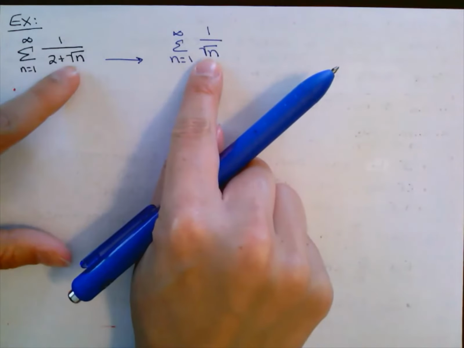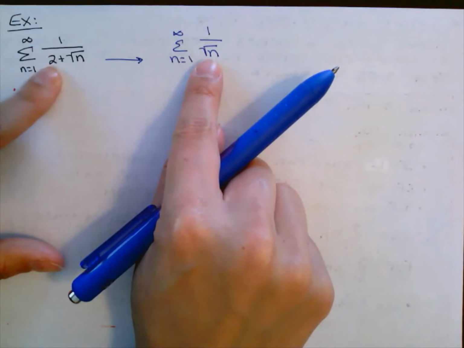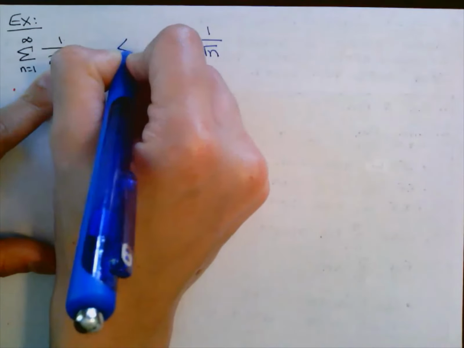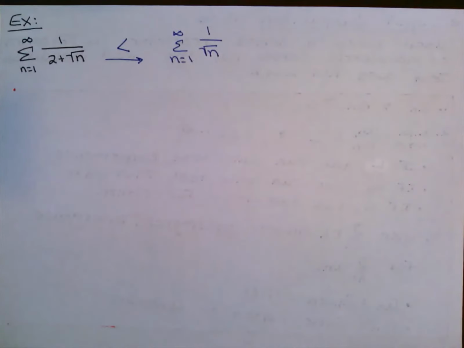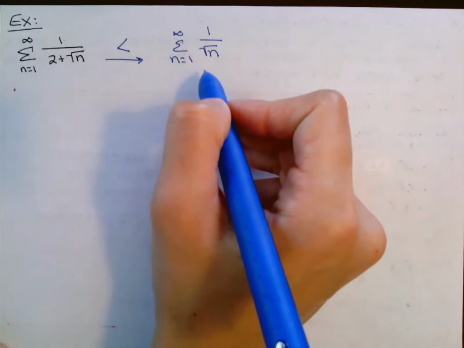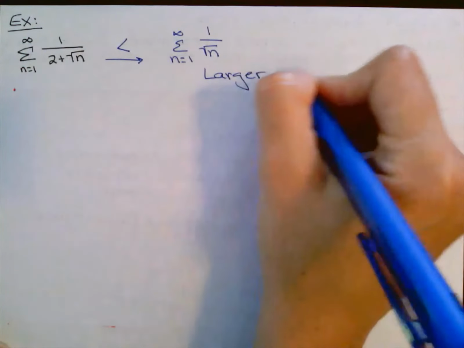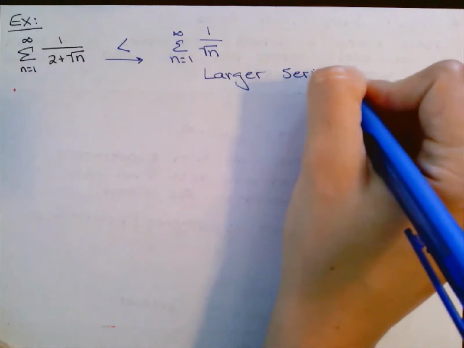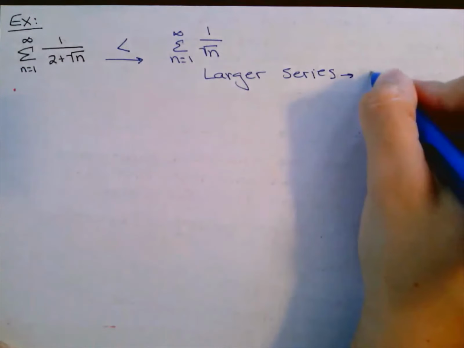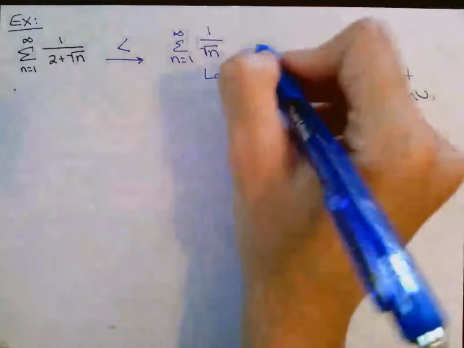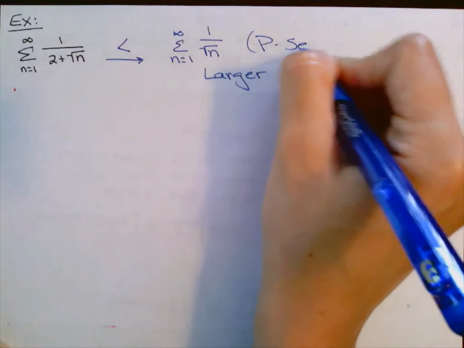Now, if this one is adding a 2, that means it's going to be a bigger denominator, which makes it a smaller number, okay? So if the one that I'm testing is the larger number, okay, or larger series, I'm sorry, that means I can only test for convergence, okay?